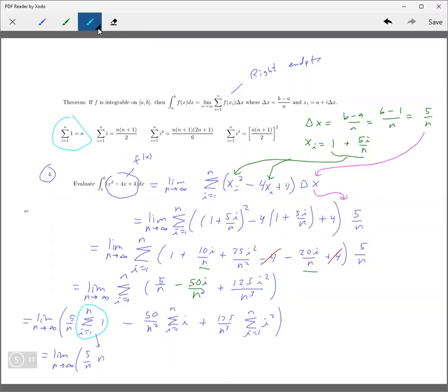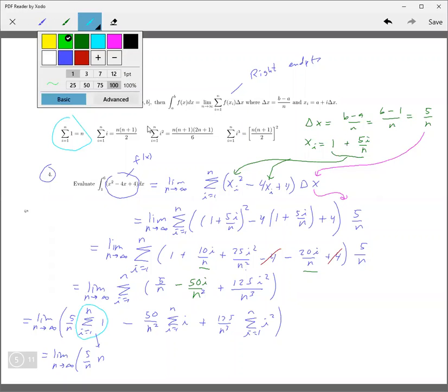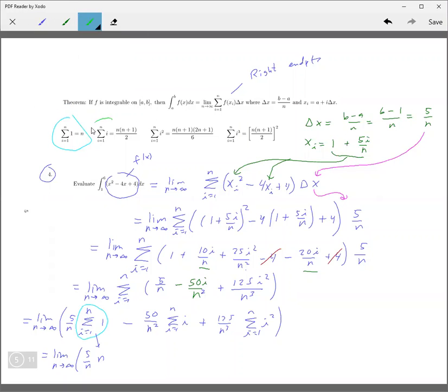Then we have this formula here, which corresponds to that, so this just becomes this.